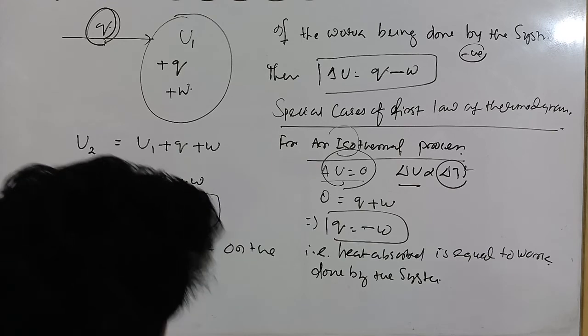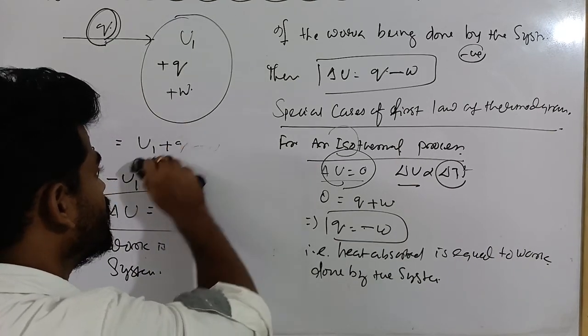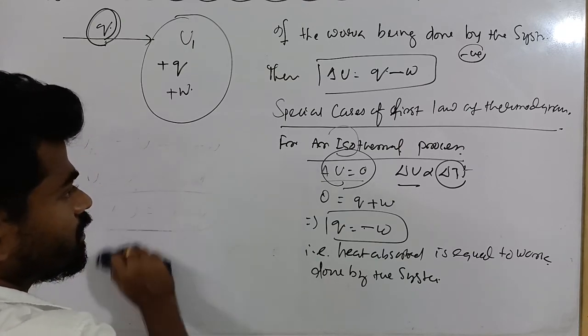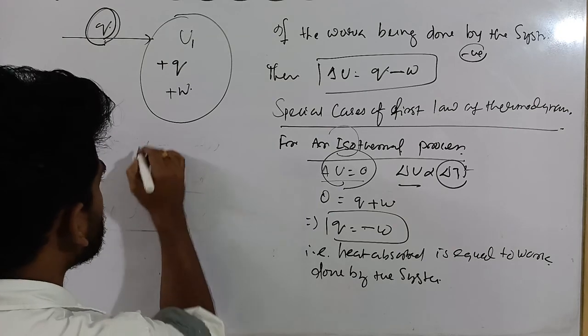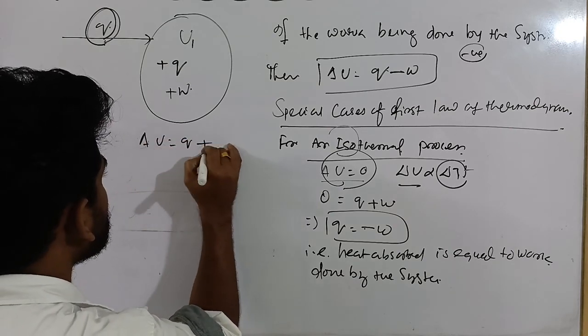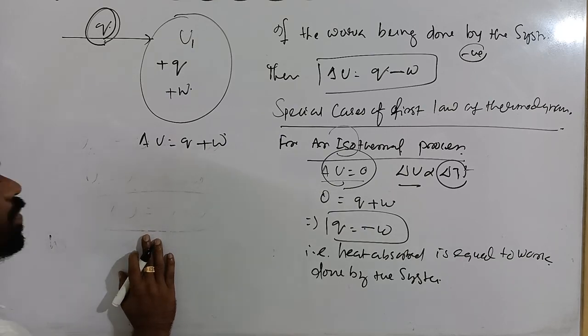Next, if I consider another special case, you think this del u is equal to q plus w. Am I right? Okay.